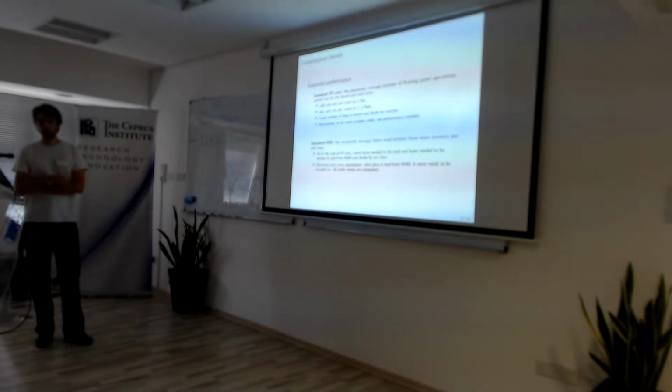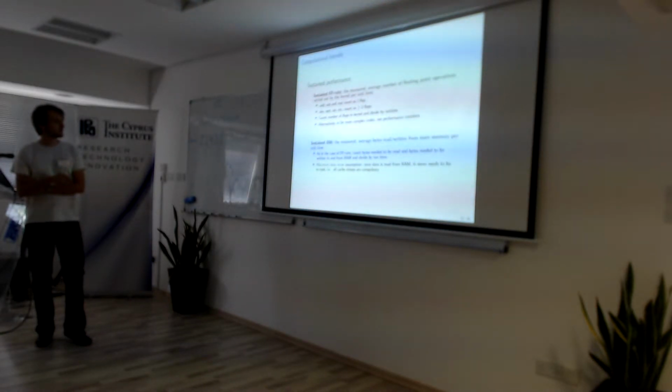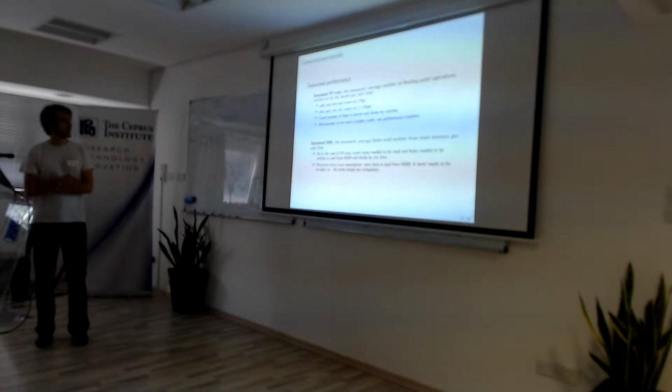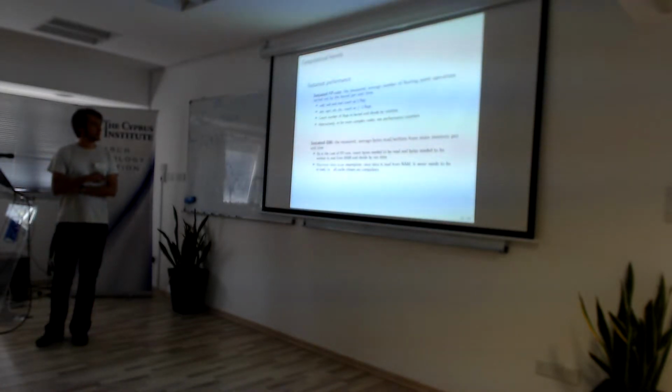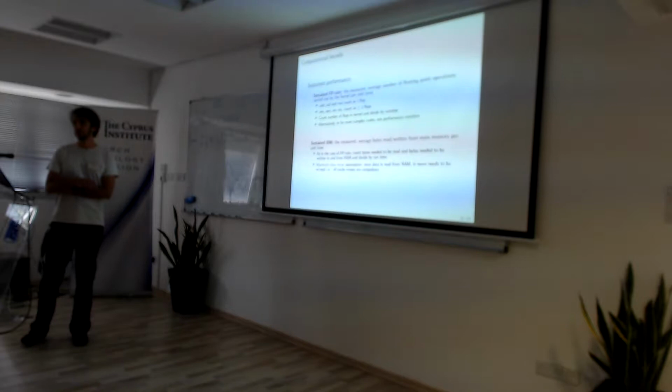So we can look into our source code and calculate these numbers. Look at how many floating point operations the kernel is doing, count them, and the sustained floating point rate is here given by the number of operations divided by the runtime of our application.